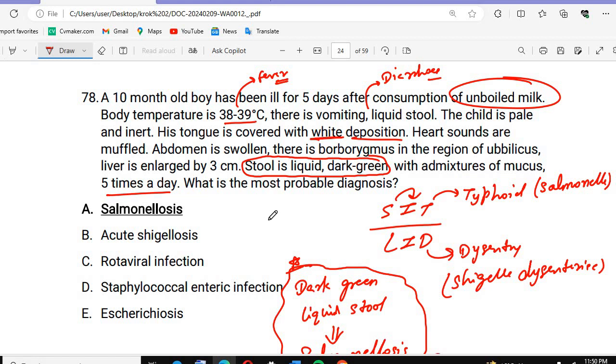But we do see a high WBC in salmonellosis. These things you need to know very clearly.